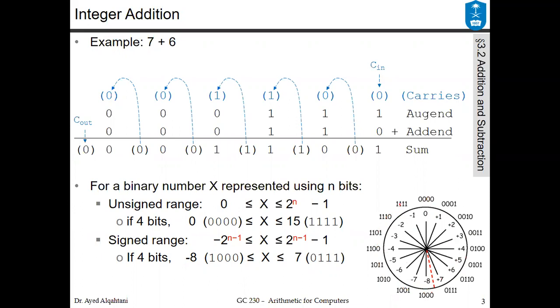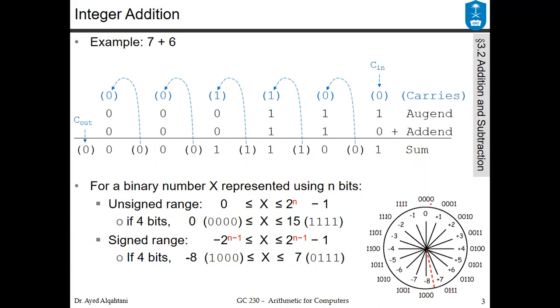But instead of using the decimal representations after 9, we say 0, 1, 2, 3, 4, 5, 6, 7, 8, and 9, and after this we have A, B, C, D, E, and end with F. You can see that the range for unsigned 4-bit numbers is between 0 and 15.